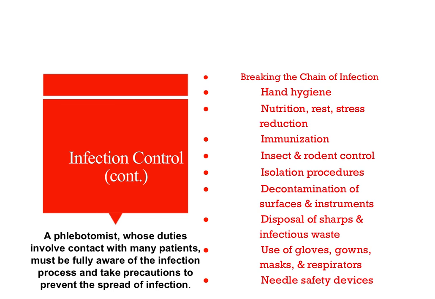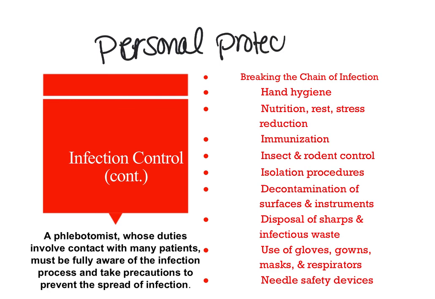We will always observe our standard precautions. We're going to use PPE. You do need to know that PPE stands for personal protective equipment. Okay. You must be fully aware of the infection process and do your job to prevent that. Okay.